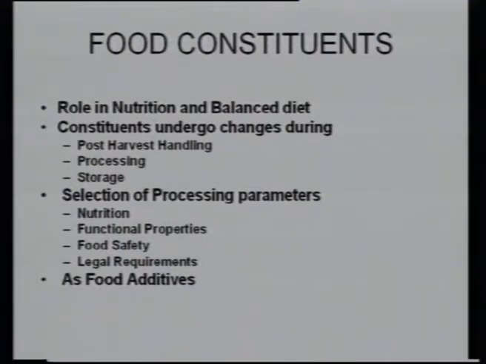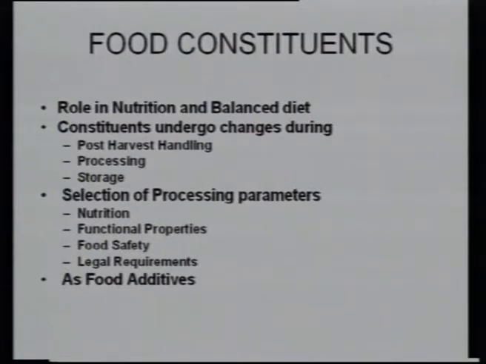Now in this course, this program, where we are going for preservation and preparation of value added products, naturally processing is an integral part. There should be proper selection of the temperature and time combination. To give you an example, if you take milk and boil it, vitamin C losses will take place.